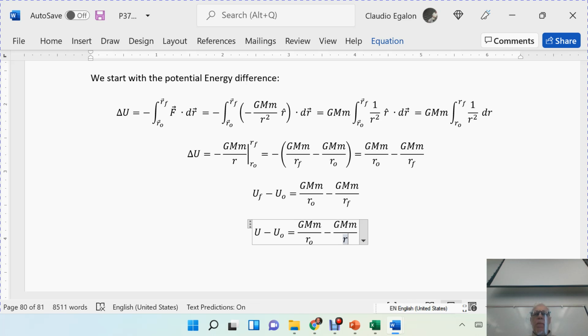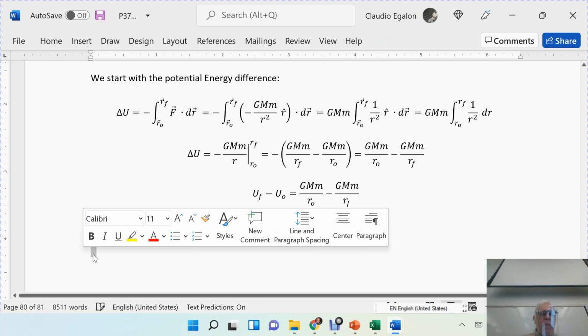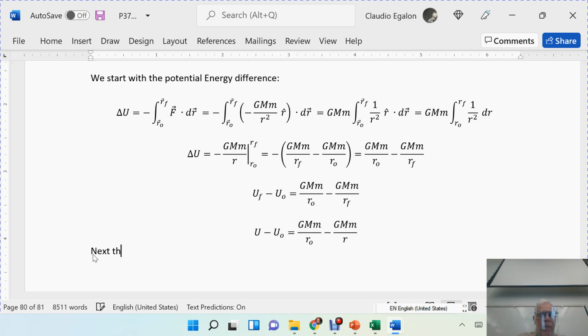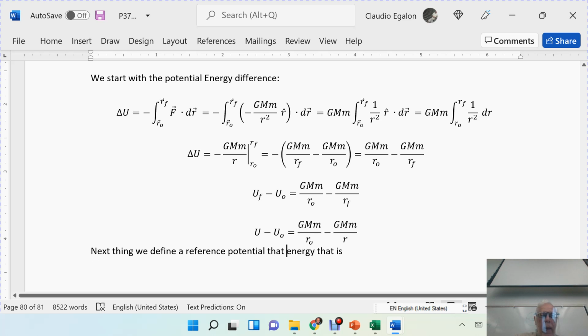So we're going to do the next thing. We define an initial potential energy, which is not really an initial potential energy but a reference potential energy, that we define at a point.